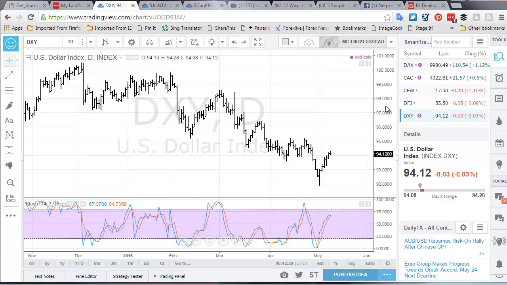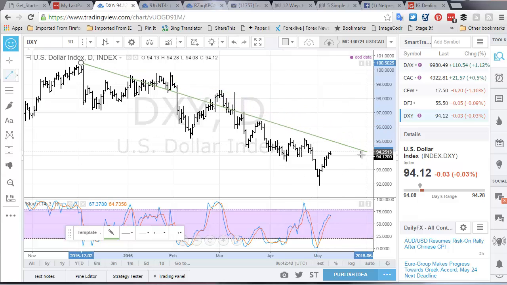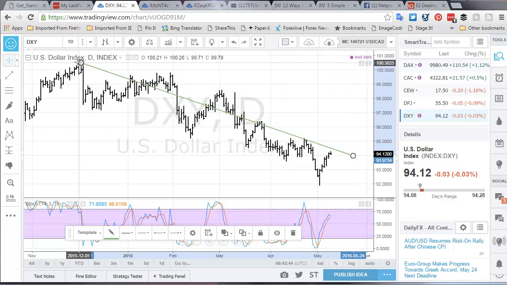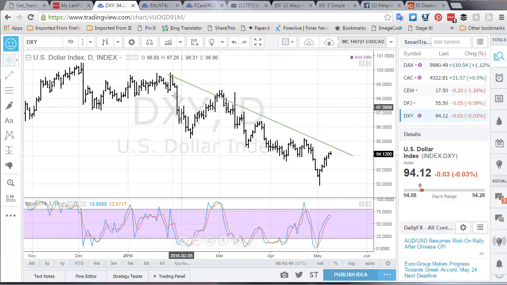And what we've seen from early December last year, the dollar index has been trending downwards. And we draw that particularly from the start of the year. It has been trending downwards, and it's running in a channel.